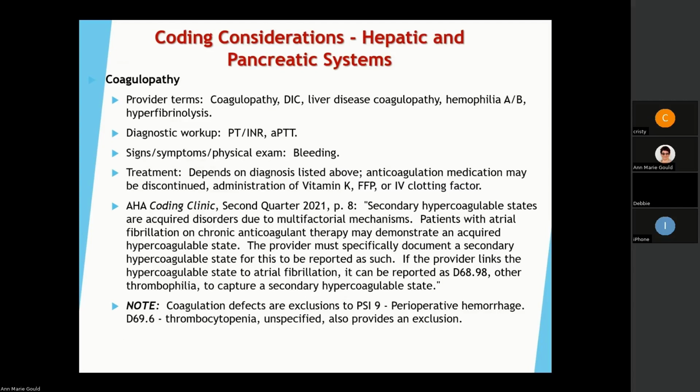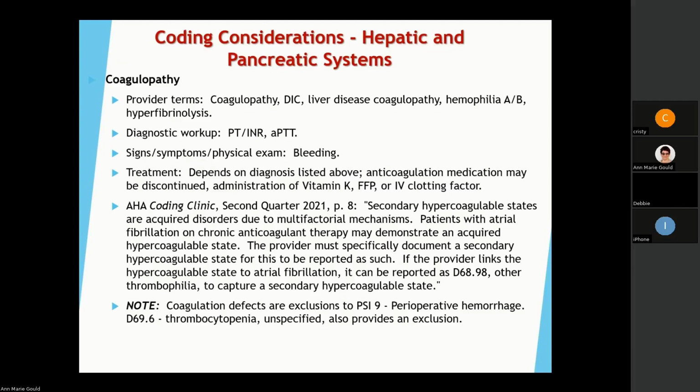Link it to that underlying etiology, because then you can capture a CC with that link. Coagulopathy unspecified, and other coagulation defects, I think can be a CC as well. Usually I try linking it though.